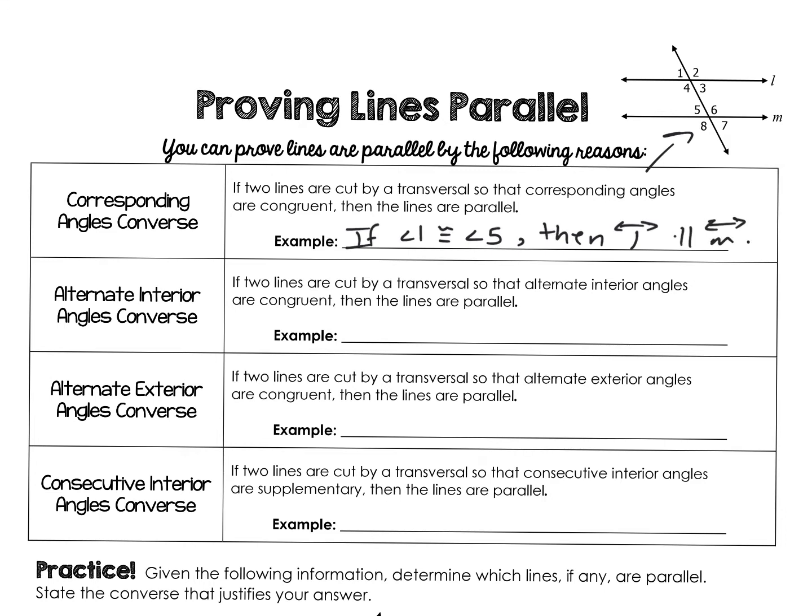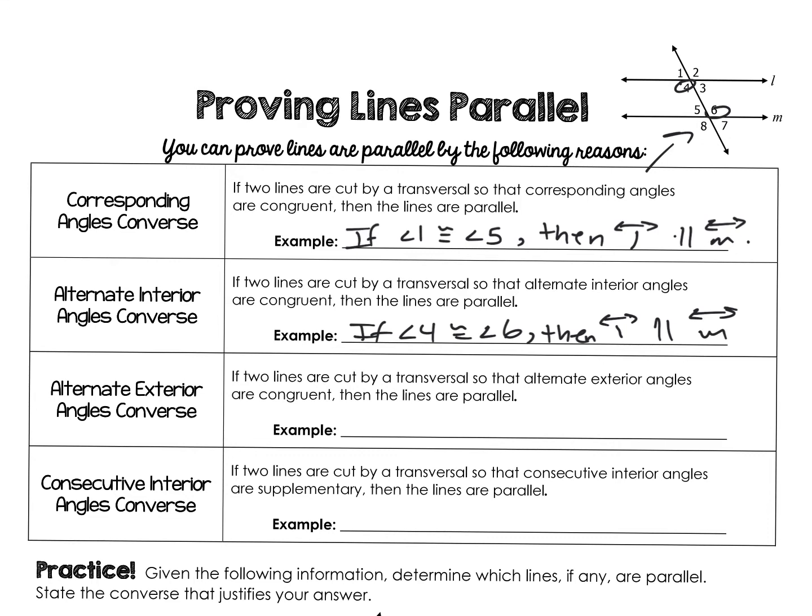Okay. Alternate interior angles converse. If two lines are cut by a transversal so that the alternate interior angles are congruent, then the lines are parallel. So we can say, again, using that diagram above, if angle 4 is congruent to angle 6, then line L is parallel to line M. Alternate exterior angles converse.